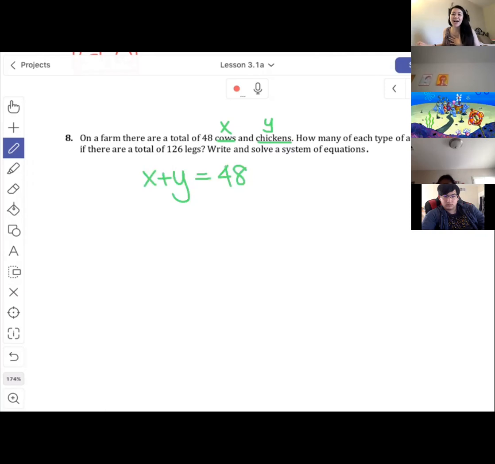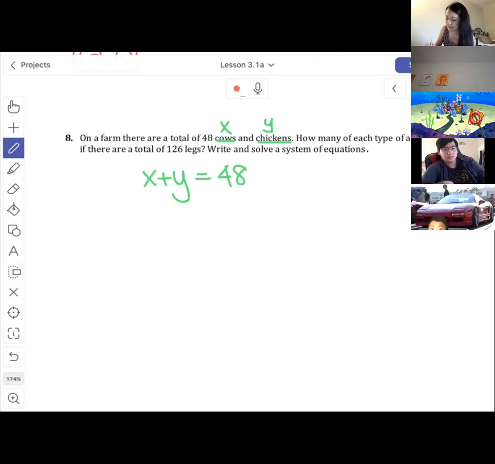Okay, number of legs. Joseph, how are we gonna do that? How would we write that equation? For the number of legs, how many legs does a cow have? A cow has 4. Okay, good. So I have X number of cows. How many legs?